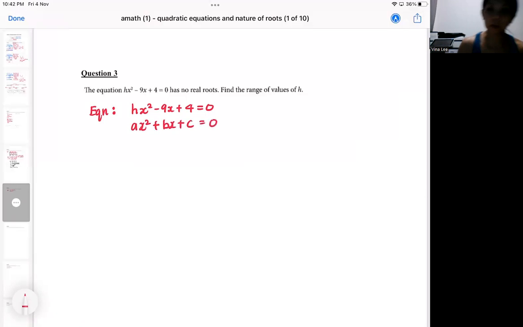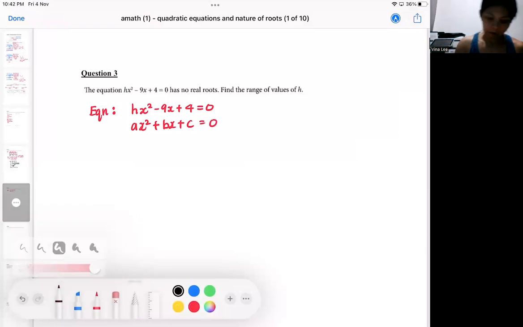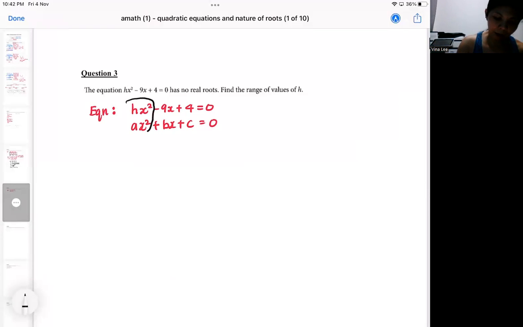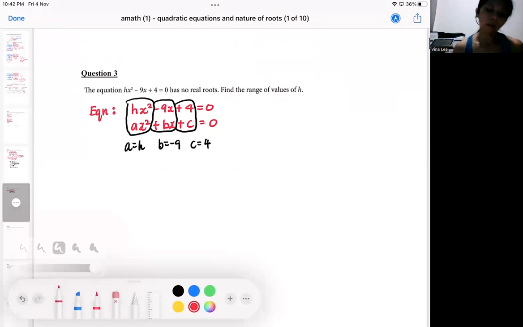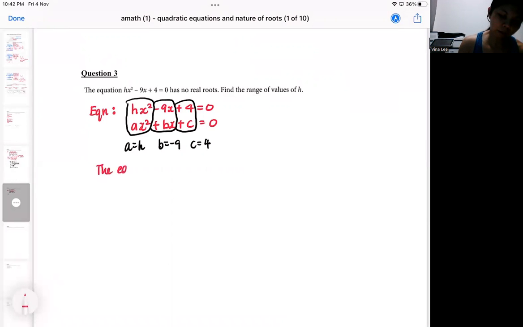After I explore the equation, the equation has no roots, has no real roots.